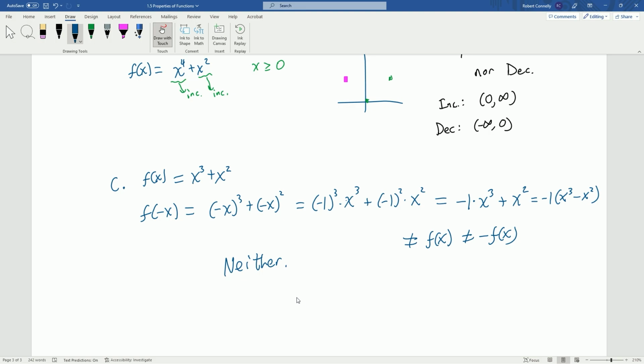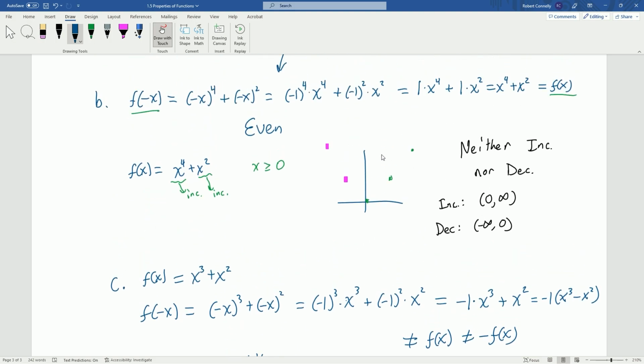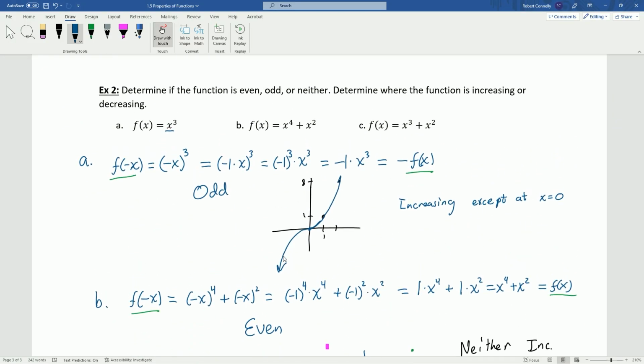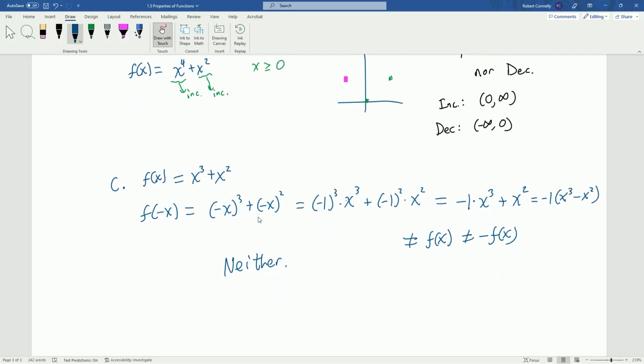Now, I don't really have the tools right now, so I'm going to exclude part C from determining if it's increasing or decreasing. So that one would be pretty tricky. You could do a little bit of factoring and say, hey, this looks like f of x equals x squared times 1 plus x, or x plus 1, I should say.